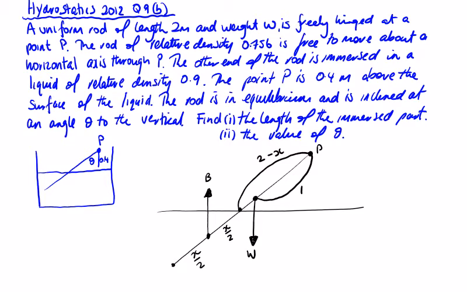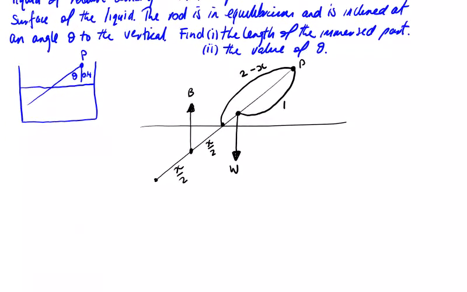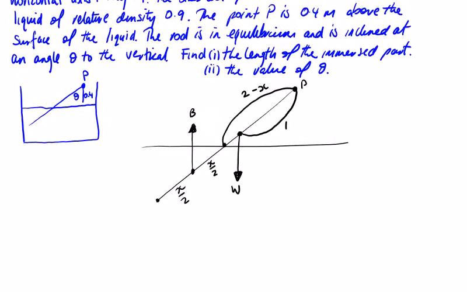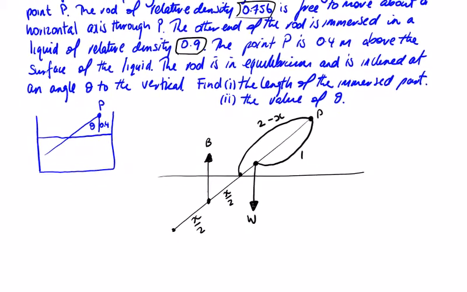So let's have a look at our buoyancy first. We have a couple of things going on. The liquid is of relative density 0.9 and the rod is of relative density 0.756, so we have to apply both of those to the buoyancy.